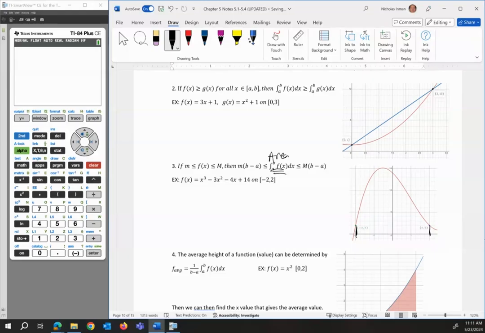The biggest possible area I could have would be this big box right here: the highest the function reaches times the width of this bound. The highest this reaches is 15, and the width here is 4. So I know my area has to be smaller than 60. 15 times 4: it goes up to 15, and it's 4 wide. Now that has all this extra stuff in here, so I know the area is smaller.